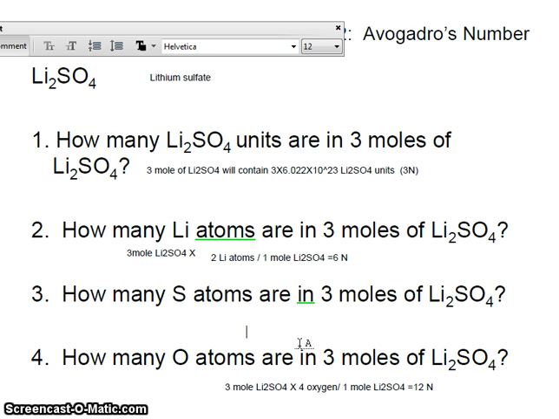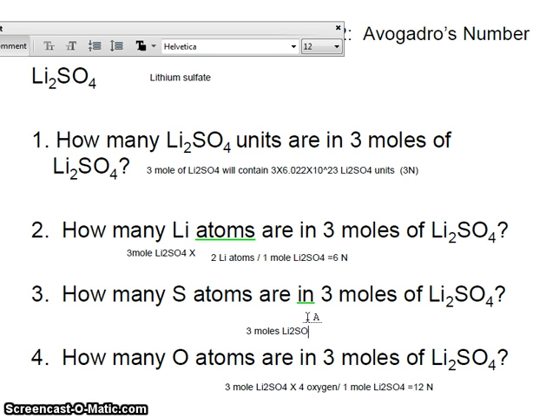Now, depending on the question, if I want you to calculate all the way in an exam, please plug in those numbers, plug in the value of the Avogadro's number, which is 6.022 times 10 to the 23rd. Plug in that value so that you can calculate for yourself the overall number.